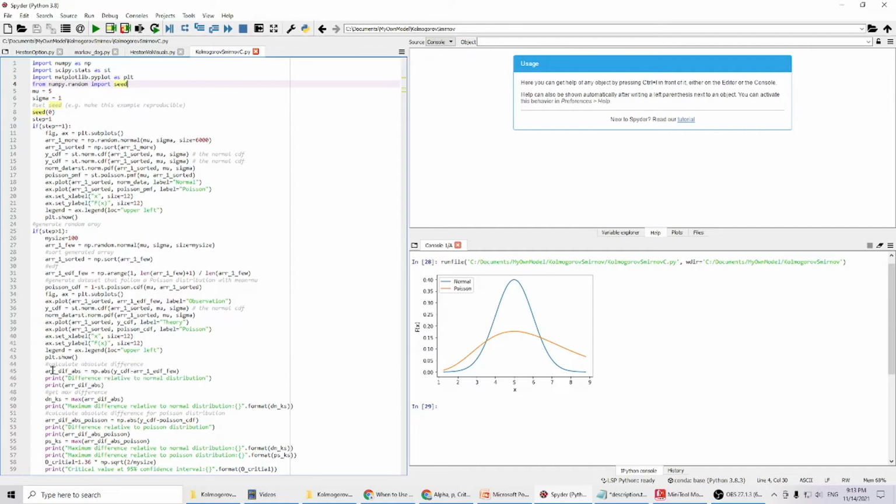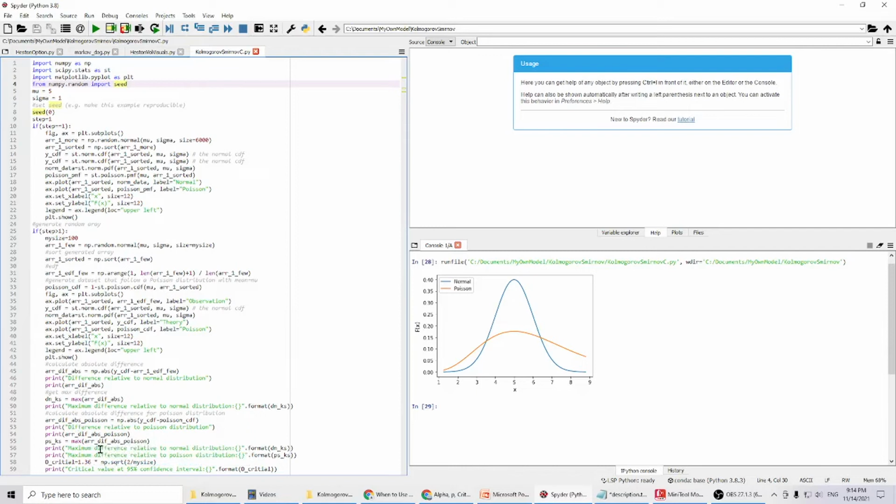Of course, we need to calculate the difference between our sample data and the theoretical normal distribution, and we are going to get the maximum value of the difference. After that, I'm going to do the same thing with the Poisson distribution. I will calculate the differences between the sample data and the Poisson distribution and get the maximum value.